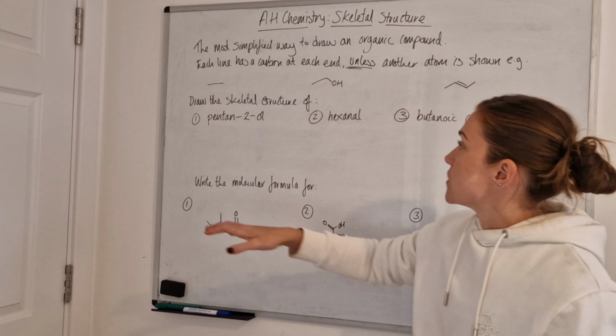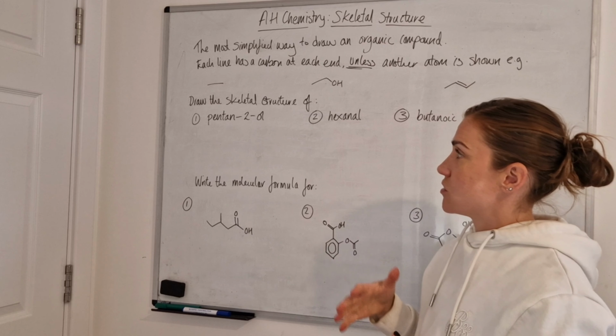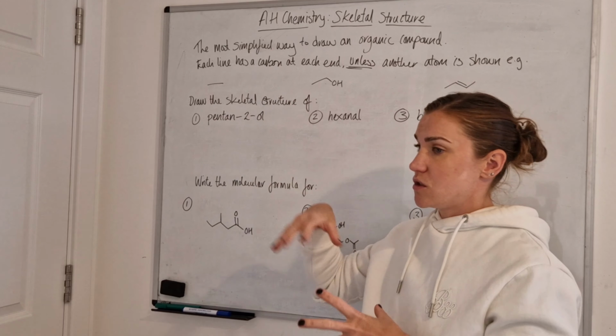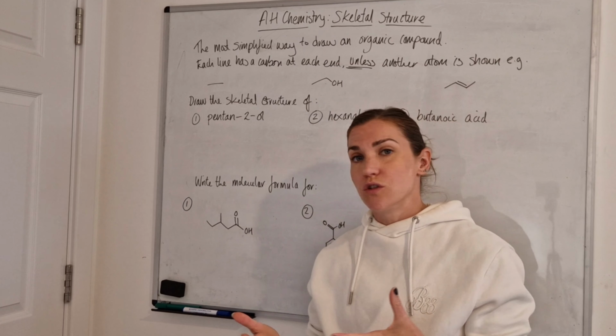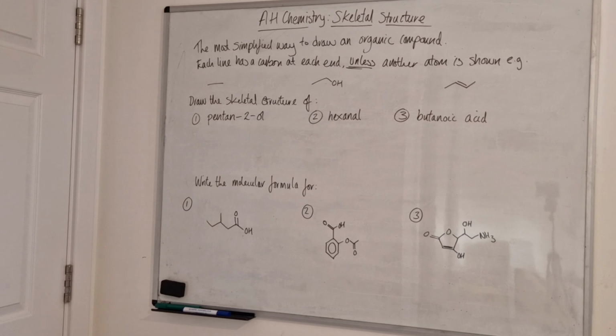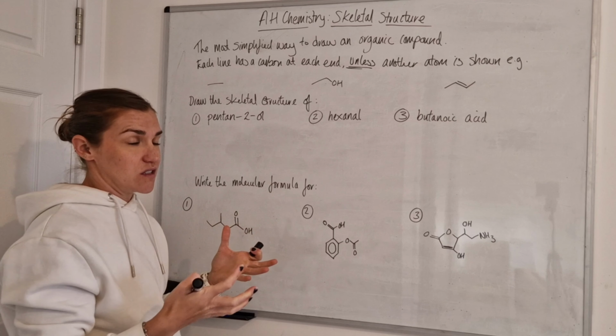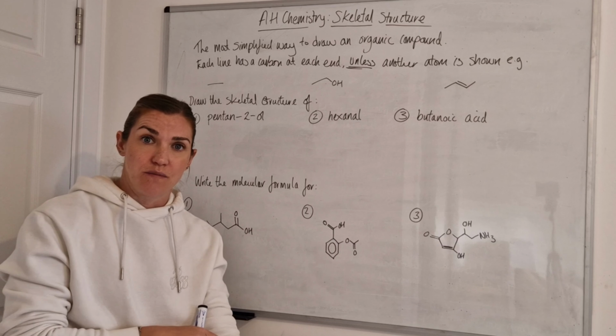I've got a few examples here of some skeletal structures, and we're going to start off by showing you how that would translate to the full structural formula that you're used to looking at from National 5 and Higher. So for this first one, every line has a carbon at each end of it, and the carbon has its valency satisfied by hydrogen atoms.